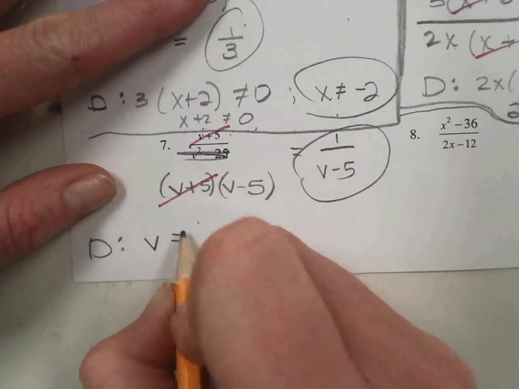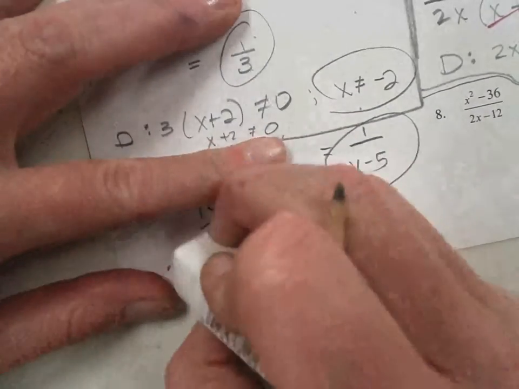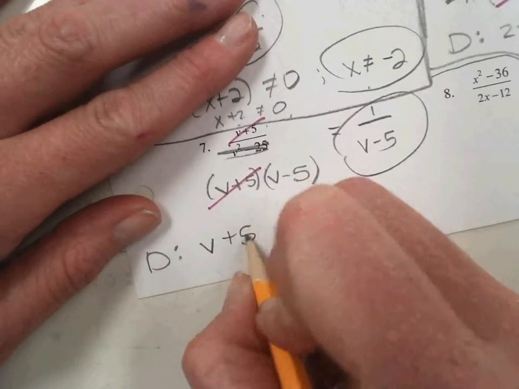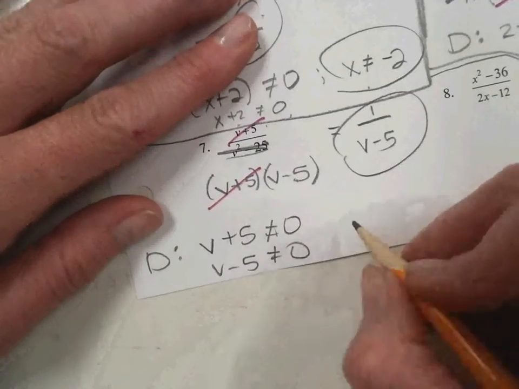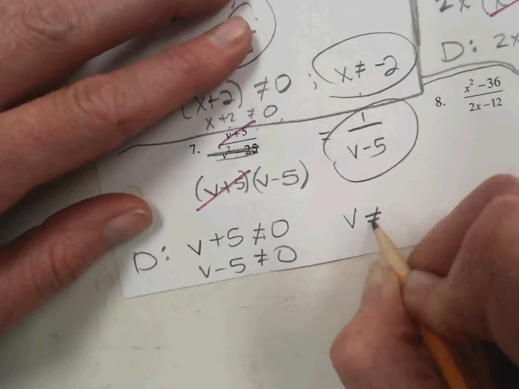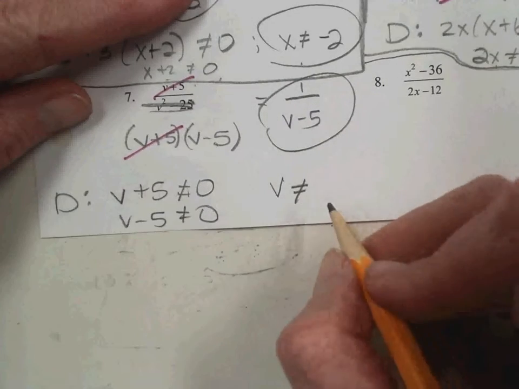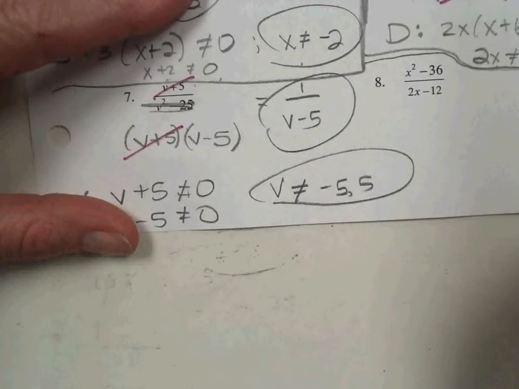And we have this domain: v plus 5 cannot equal 0, and v minus 5 cannot equal 0. Leaving us with what two values is v not allowed to be?